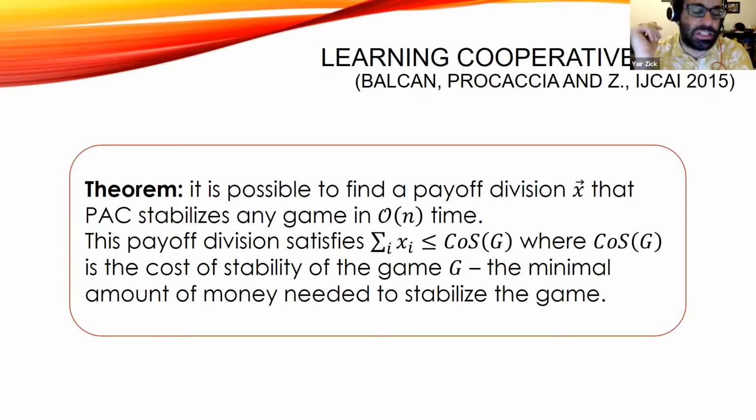That's guaranteed to stabilize any game whatsoever. So what we added is this little extra guarantee, which says that this payoff division satisfies that the total payoff is weakly less than the cost of stability of the game. I'm not going to get into cost of stability too much, but it's basically the least amount of money that you need in order to make the game core stable. So this is basically as good as you can get.